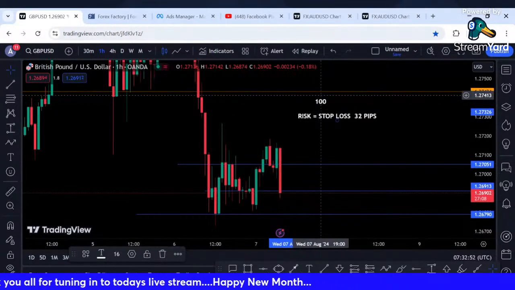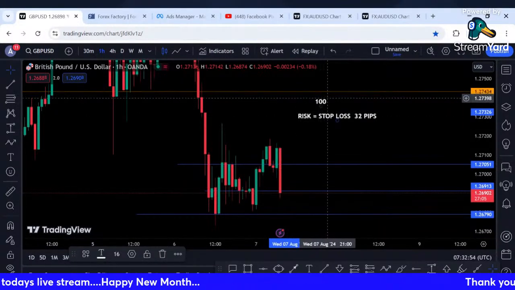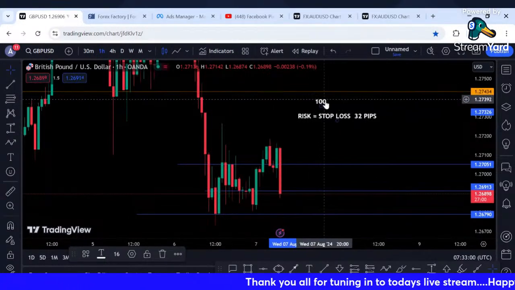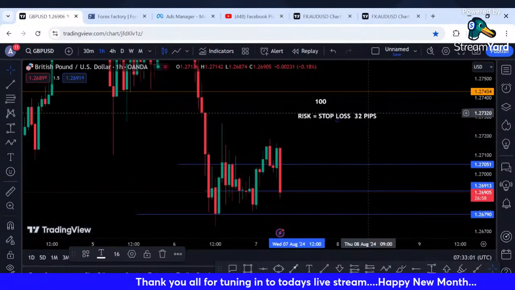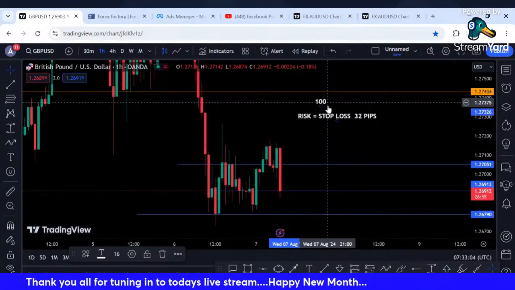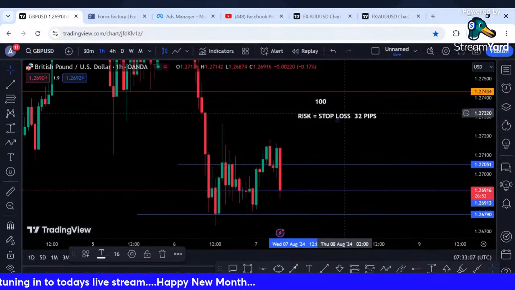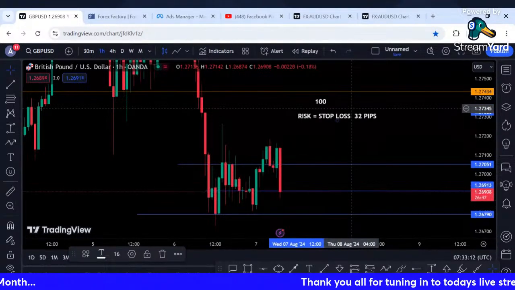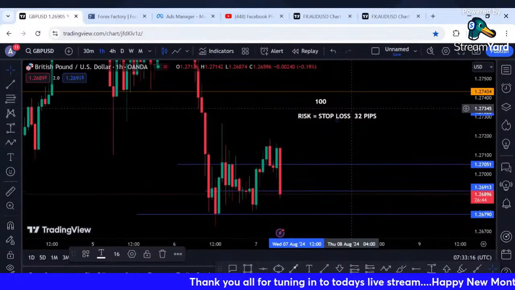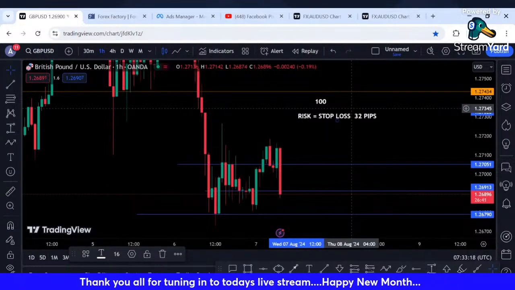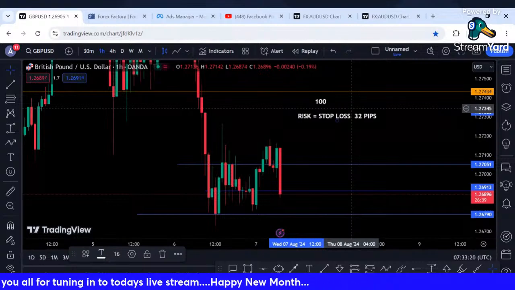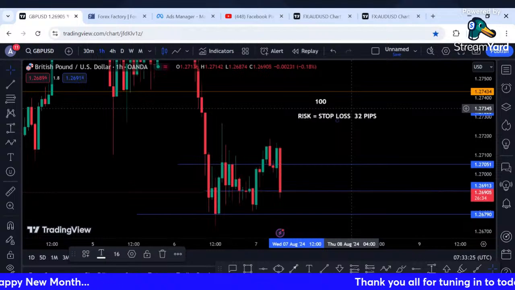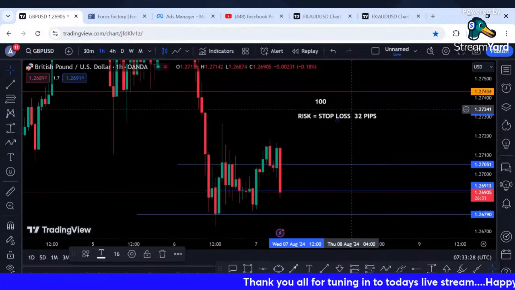How much am I willing to lose on this $100? Am I willing to lose all the money? Or am I willing to lose like 5%, 10%, 15%? Maybe, okay, I don't usually get trades, so I'm risking like 20%. So 20% on $100 will be what? 20 over 100 times 100 is going to give you 20, right?